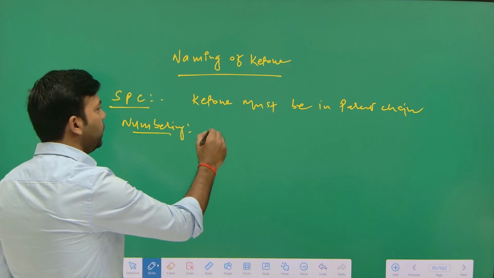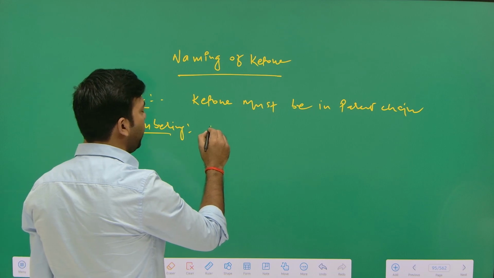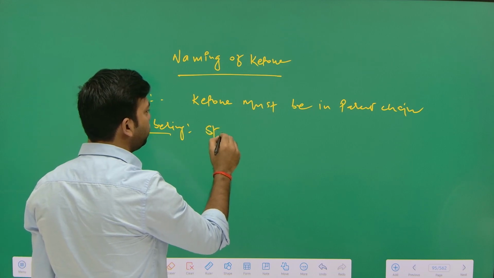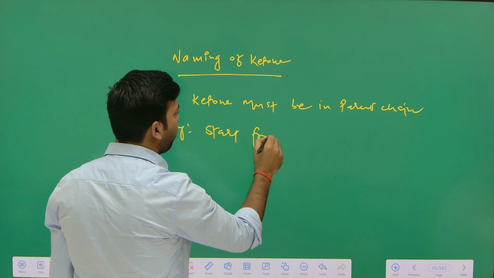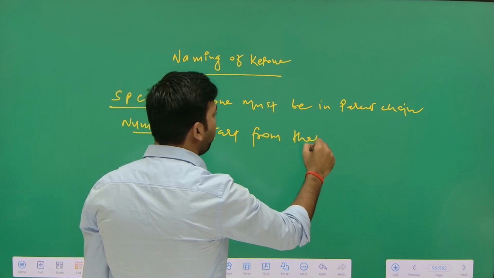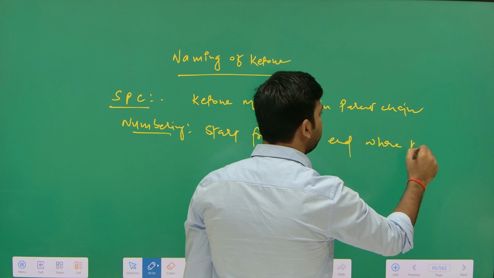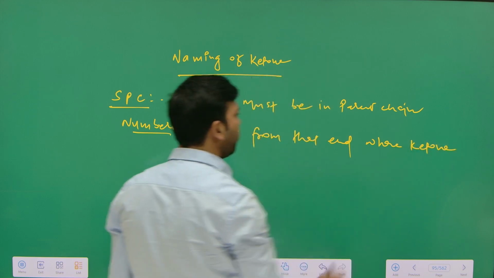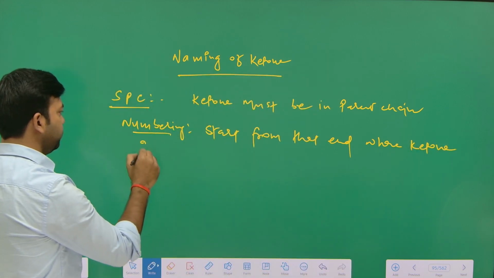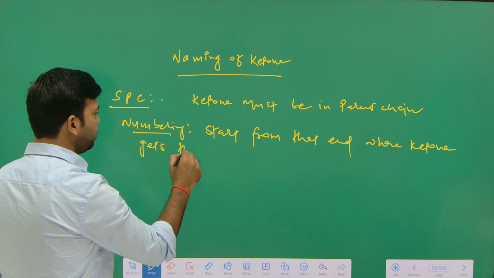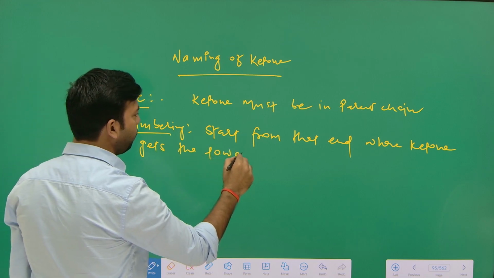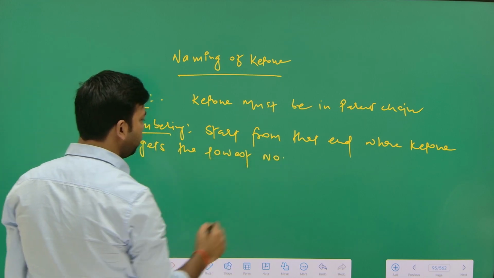So we can say start numbering from that end where the ketone gets the lowest number. Like this.